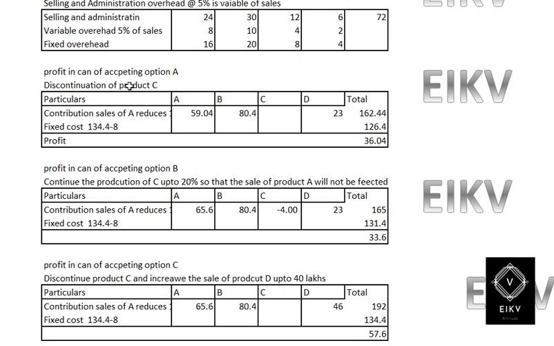Going ahead with option A, discontinuation of product C. So when we discontinue product C, the sales of product A will be reduced. Therefore, the contribution also will be reduced for product A. And then there will be a reduction in fixed cost expenses.